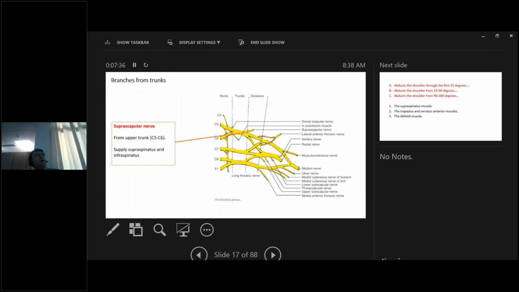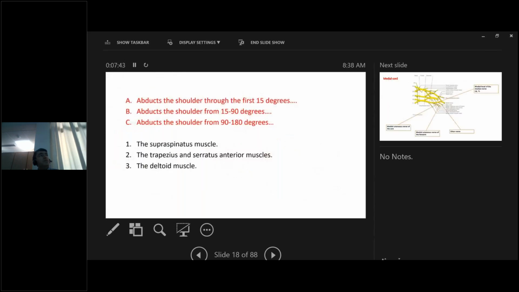The suprascapular nerve, we mentioned it, supplies the supraspinatus and infraspinatus muscles. Now, Abu Nayib, which item fits for A? A abducts the shoulder through the first 15 degrees.